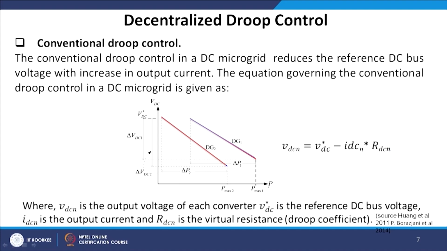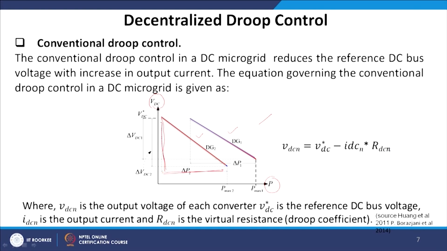Now, if you consider the droop control P versus VDC, as I mentioned earlier, in the past we used to plot this characteristic with P and F for AC networks, but due to the absence of frequency, now we are plotting the droop characteristic for V versus P. This is the droop characteristic for two different DGs, DG1 and DG2, and you can see that if there is a voltage drop, certainly there is a power change, or a power change leads to a voltage variation.